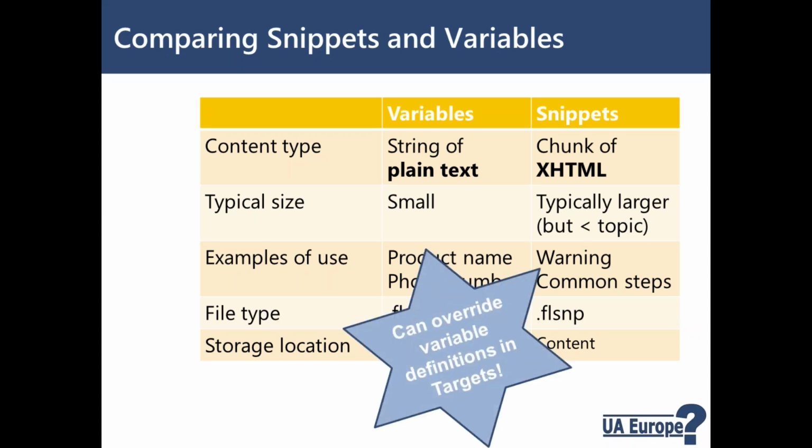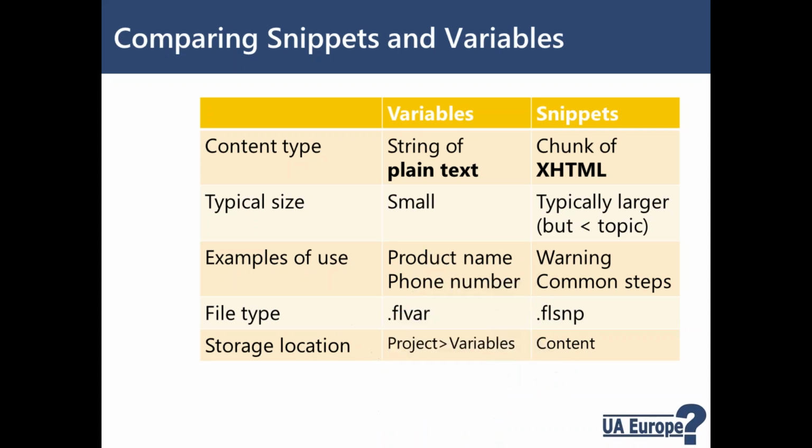Oh, and my favorite feature of Flare, remember I said I was going to tell you about this, is that we can override the definitions of variables in targets. So we can define our variable in the variable file that I was talking about, in this FLVAR, but then for a specific target, maybe when we're building a target for our European audiences or for our Asian users, we need to change that variable.